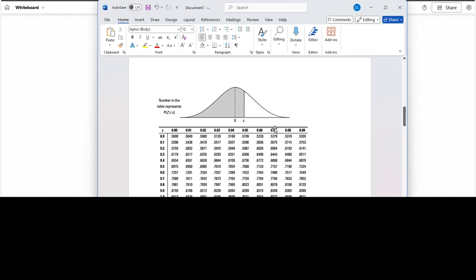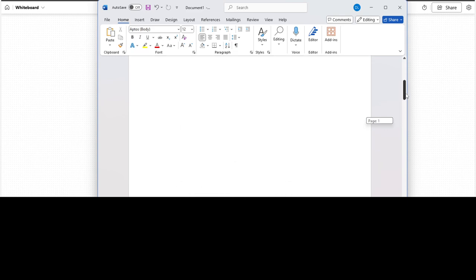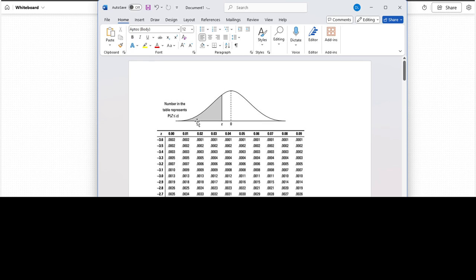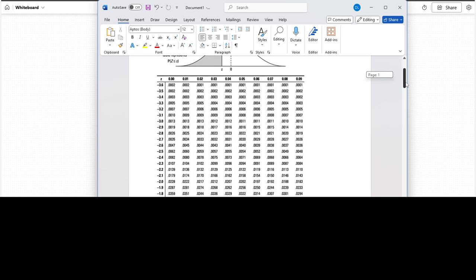You can find tables for from the right, but I find that, like using the symmetry in our last video, you can usually get around with just finding the negative of whatever you're looking at. But we're looking at a left test, and so we want to find the region bounded by 0.05. Okay, we want the 5% to be in the lower region, like we did with the t-table. And so notice that we have our 2 values, but this is just the first two digits and then the third digit of what we're looking for.